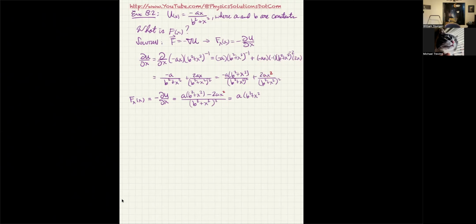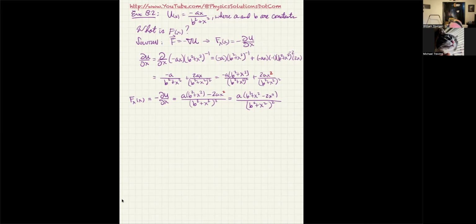So that's that there. So I've got a times b squared plus x squared, which is the first term, and then minus 2 times x squared, like that. And then, of course, all that's over b squared plus x squared quantity squared.